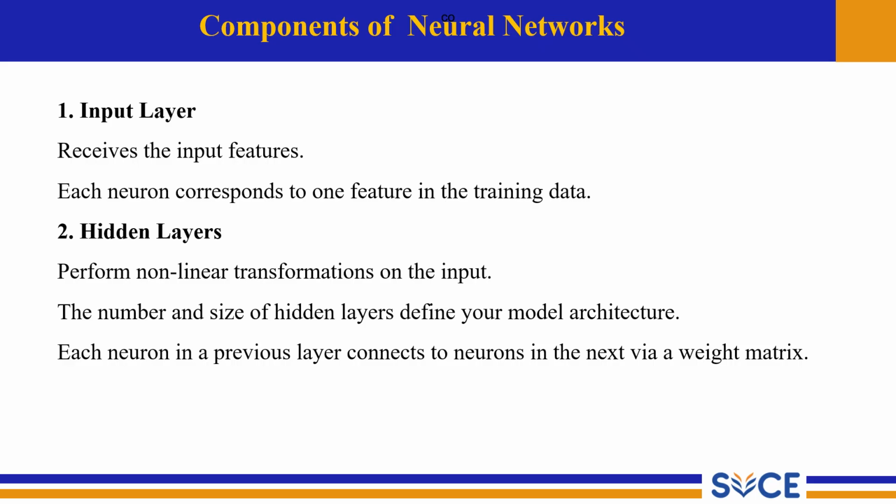These layers can extract important features and patterns that help the network learn complex relationships. The number of hidden layers and the number of neurons in this layer define the architecture of the model. Each neuron in one layer is connected to neurons in the next layer through a matrix of weights which are adjusted during training.